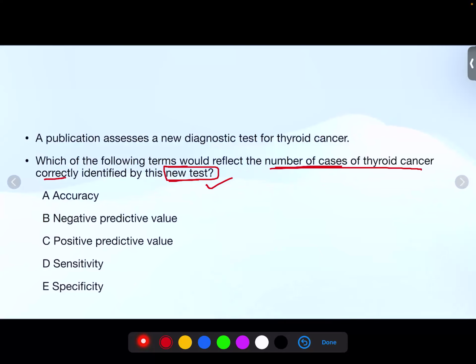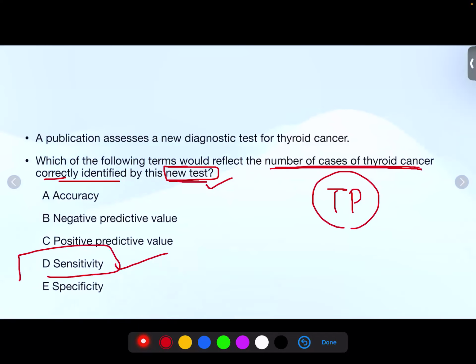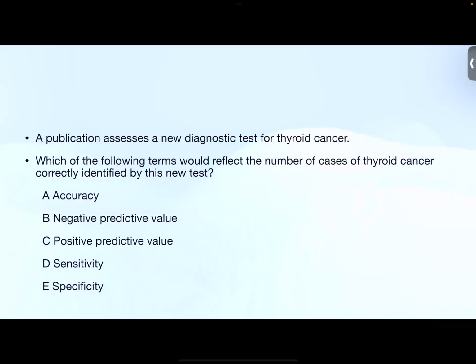The number of cases correctly identified means the true positives you are diagnosing with this new test. So we are checking the sensitivity of the test. Sensitivity means that you truly diagnose the diseased individuals with that new test.